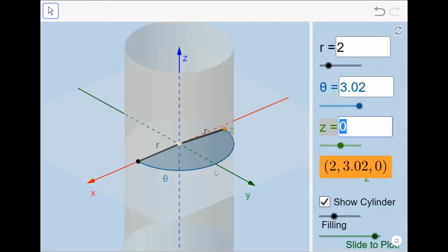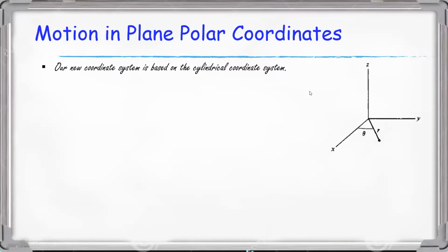Here we consider the motion in plane polar coordinates. We set z equal to 0 here, or we neglect the value of z here. So consider this diagram. Now, is it clear?